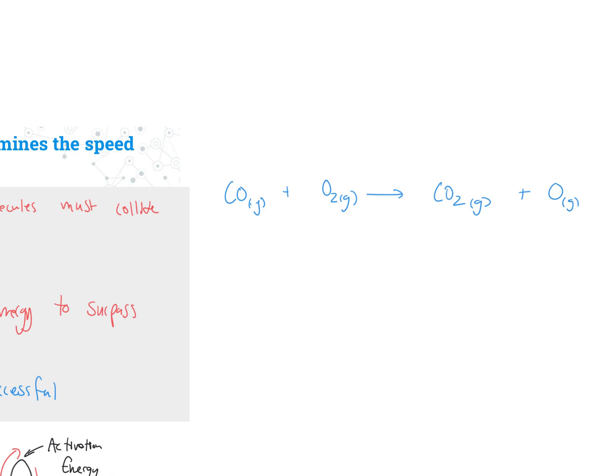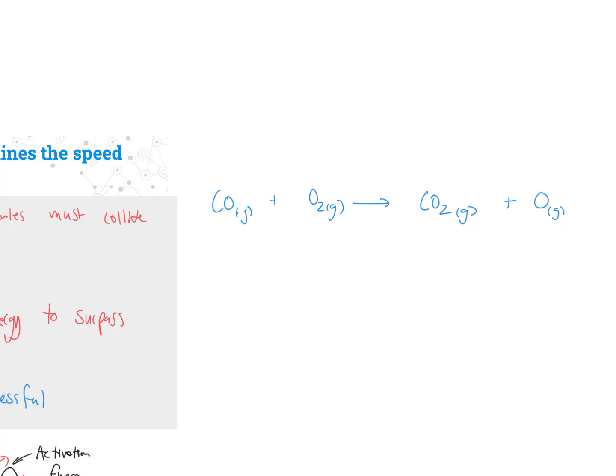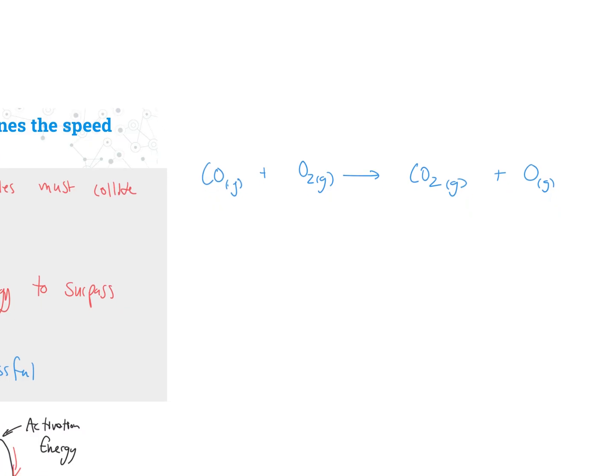In reality, it would be O2, and we would have to balance it out. But for the sake of simplicity, let's say this is our reaction. CO can be represented as this, where we have the carbon being the black sphere and the oxygen being the red. O2 would be this. CO2, of course, is just one black and then two red spheres, and then a single oxygen just floating on its own.